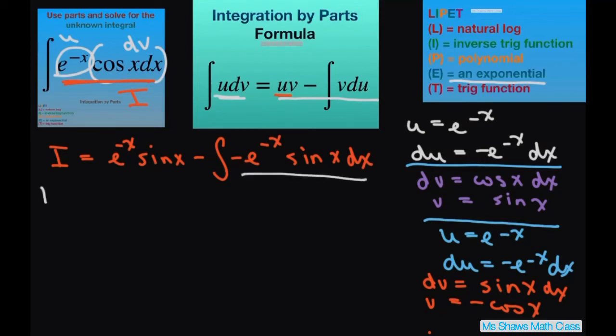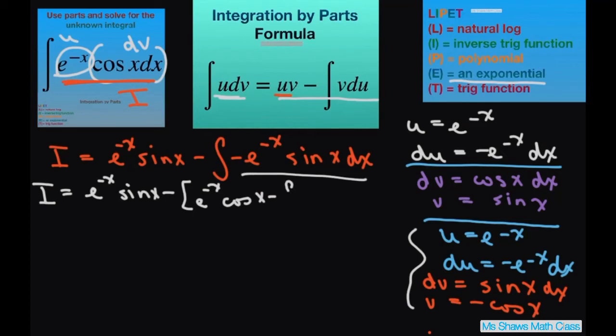All right, so now let's integrate this again. So we have our integral equals e to the negative x sine of x minus, now we're doing this again based off this information, minus e to the negative x cosine of x minus the integral of negative e to the negative x cosine x dx.